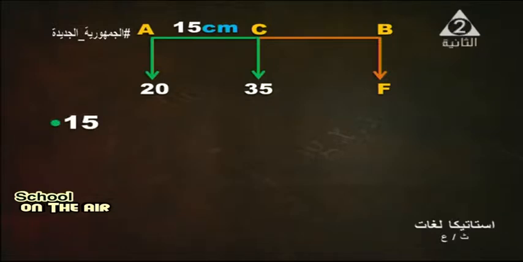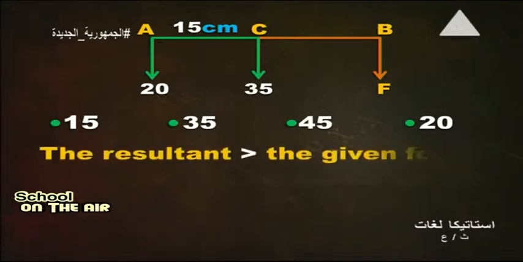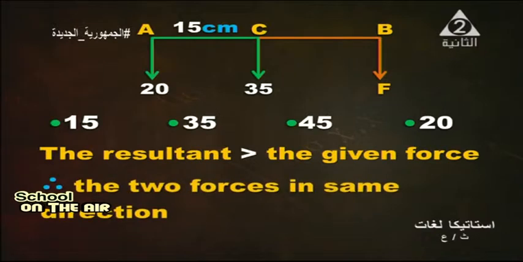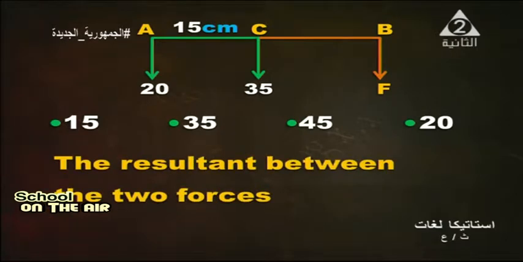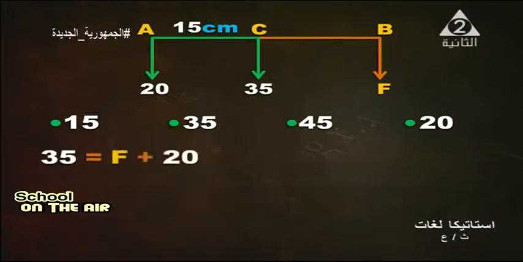Look, my dear student, AB equals what? Choose the correct answer: 15, 35, 45 or 20. Look at the first point: the resultant is more than the given force, then the two forces are in the same direction. 35 is more than 20, therefore the two forces are in the same direction, and the resultant equals F1 plus F2.